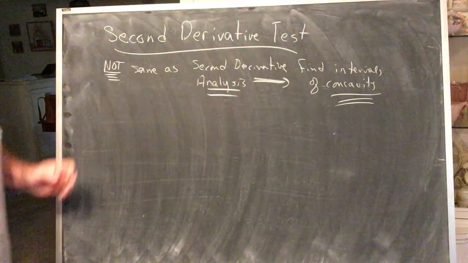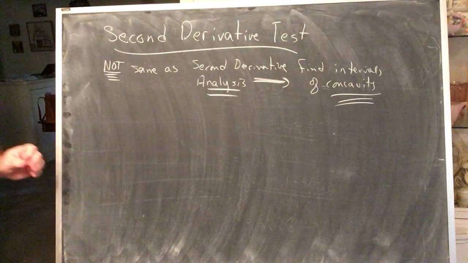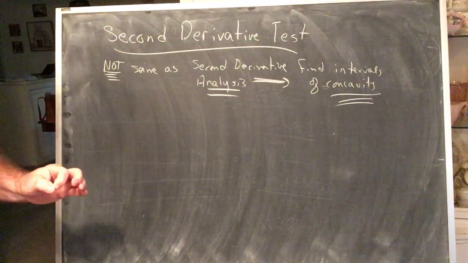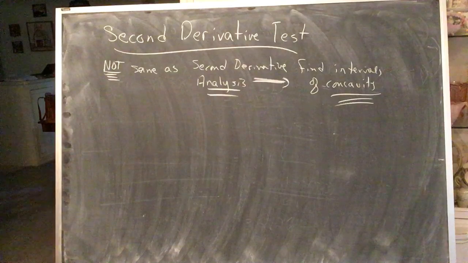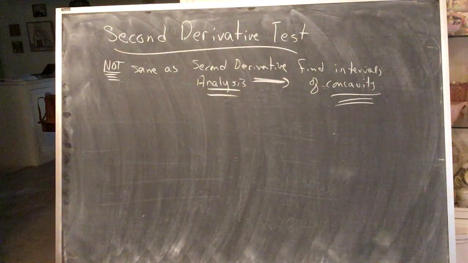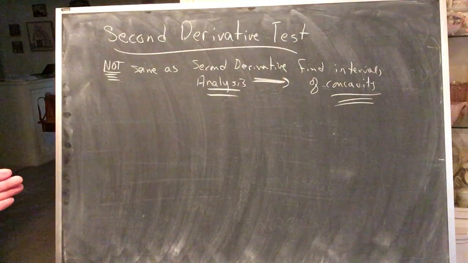The second derivative analysis is used to find the intervals of concavity in the same way that the first derivative analysis is used to find the intervals of increase and decrease. The second derivative test is something entirely different.